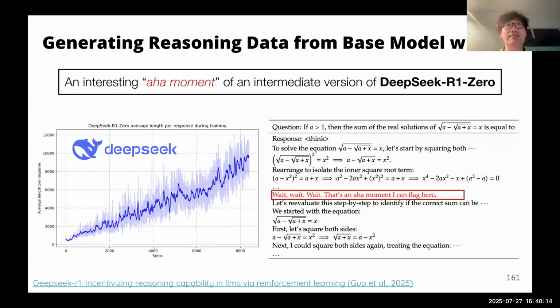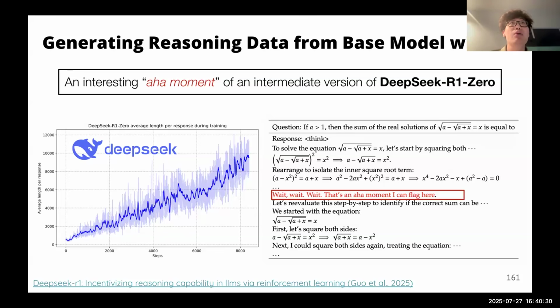If it's correct, we assign a positive signal, and if it's wrong, we send a negative signal. And in that fashion, the authors found that we can let the model generate the solutions themselves.